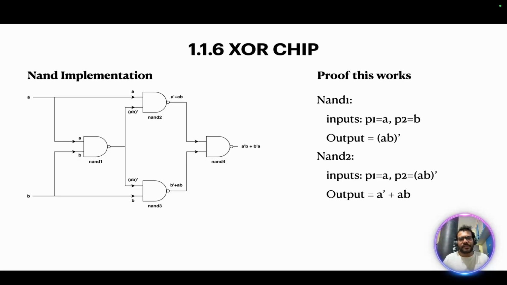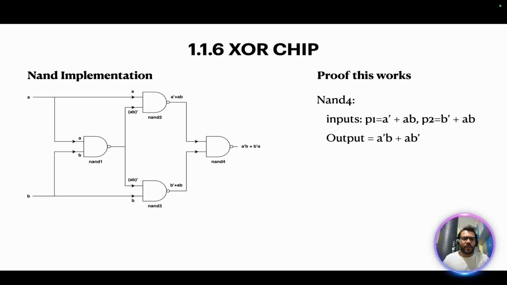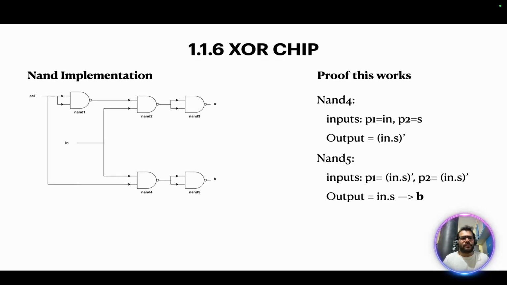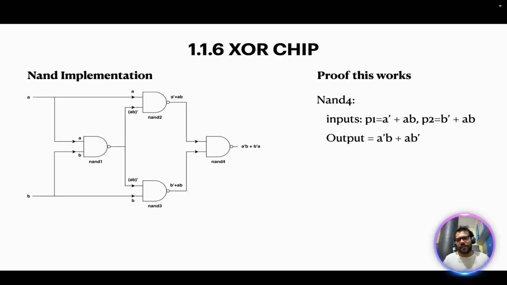NAND 3 takes the output from NAND 1 and B as input to give B dash plus AB dash. And NAND 4 takes the outputs from NAND 2 and NAND 3 to return A dash B plus AB dash. You can take this as an exercise and prove it. It was a little longer, so I've decided to leave it as is. And this was the implementation of the XOR chip.